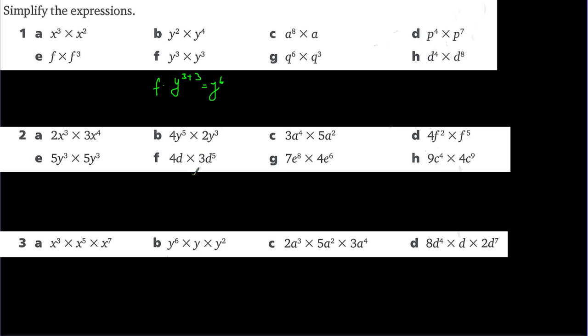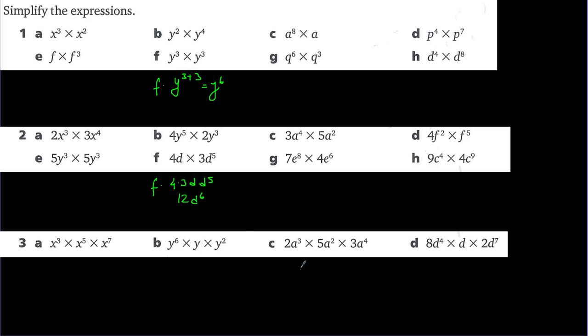This exercise is more important for me because we are combining the like terms. So 4 times 3d times d^5: 4 times 3 is equal to 12, and d times d^5 is equal to d to the power of 6.